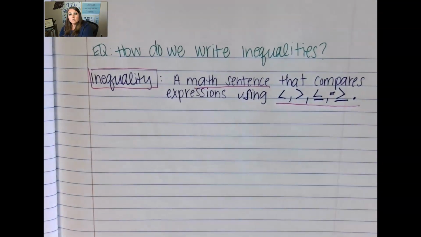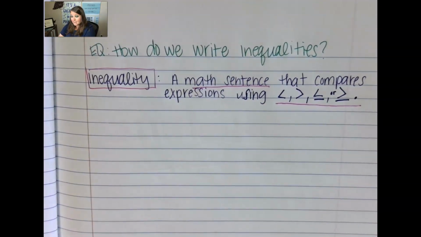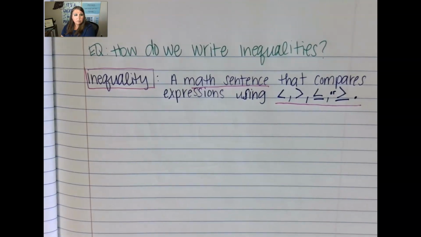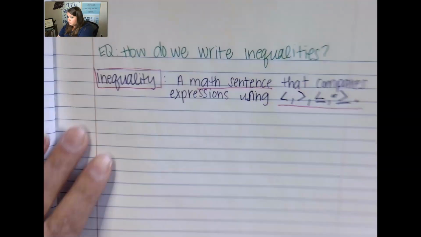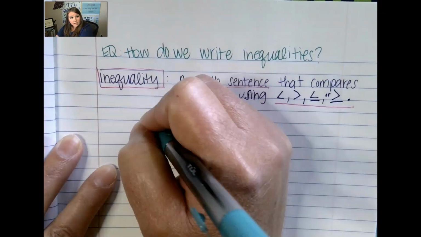We're going to use those 4 symbols. But first, let's talk about what these symbols mean. We're going to create kind of like a cheat sheet like we did before with clue words and what the symbol is. So let's go ahead and make our table.